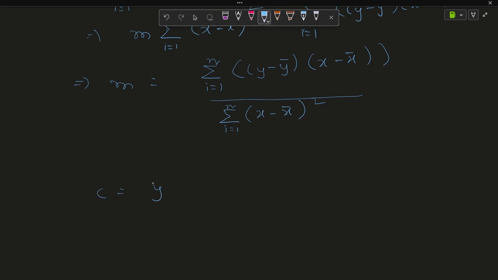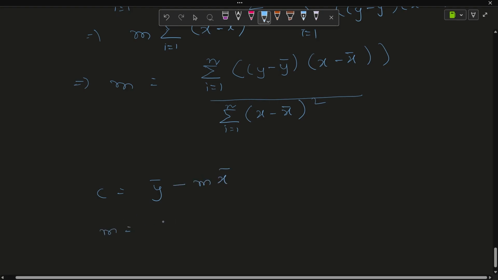So c is y bar minus m x bar, and m is this.